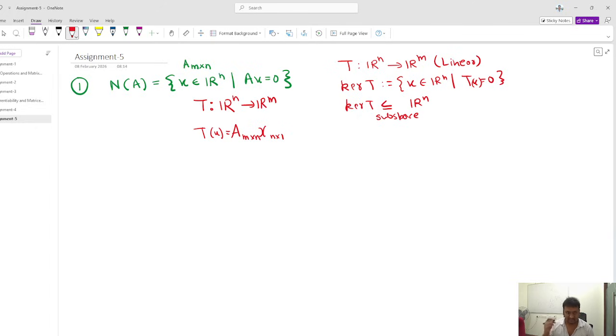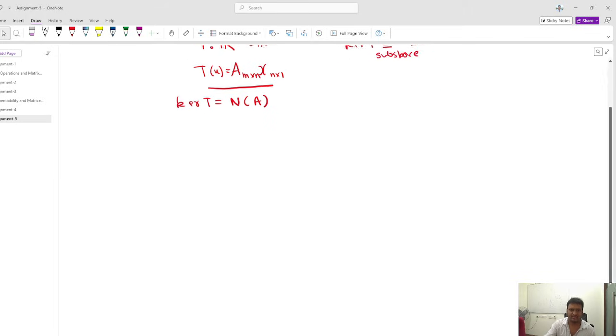This was the very first exercise. So you have this linear map T from Rn to Rm defined like this. What is the kernel of T? This is exactly the null space of A. So in other words, you are computing the kernel of this corresponding operator. That's what I wanted to say.